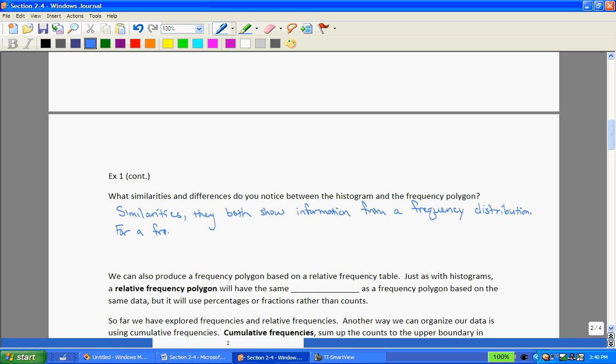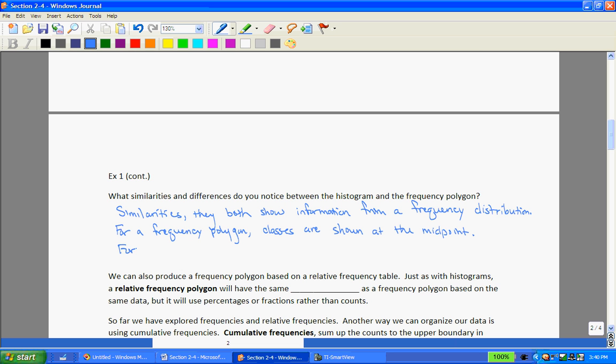For a frequency polygon, classes are shown at the midpoint.